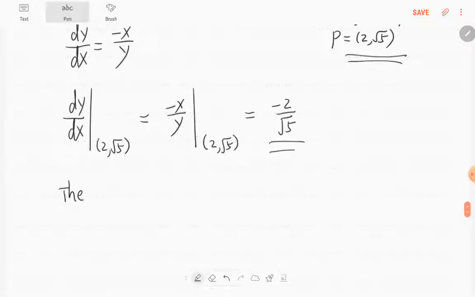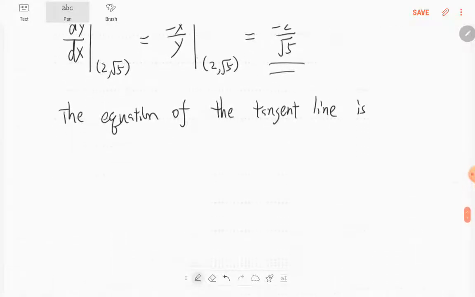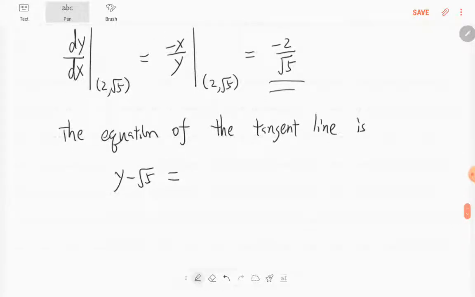So the equation of the tangent line is what? y minus the y value of the point, square root of 5, equals the slope, which we just calculated, negative 2 over square root of 5, times x minus 2.